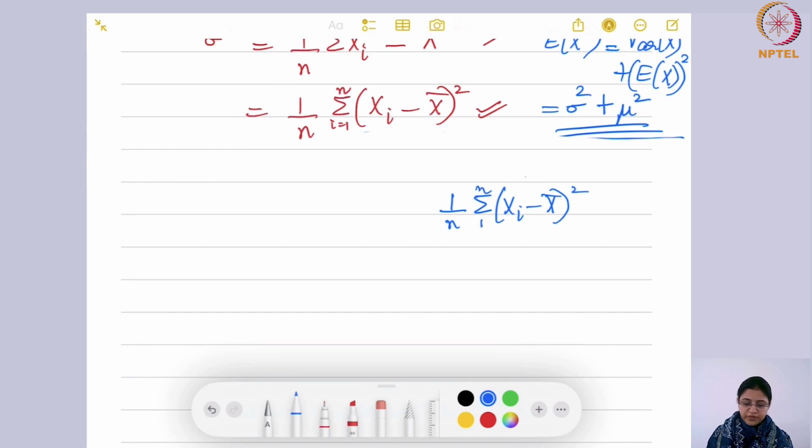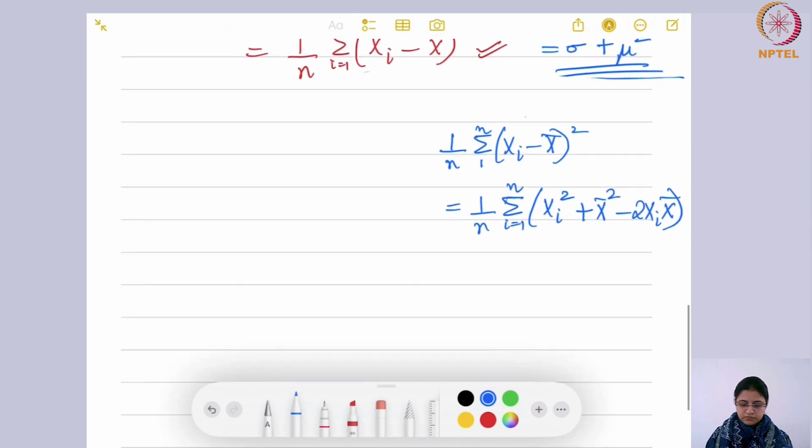When you open this, you get the first term as xi square plus x bar square minus twice xi x bar, where i goes from 1 to n.